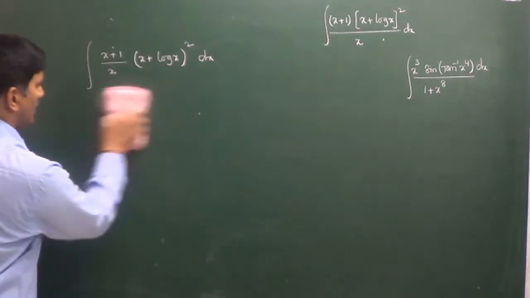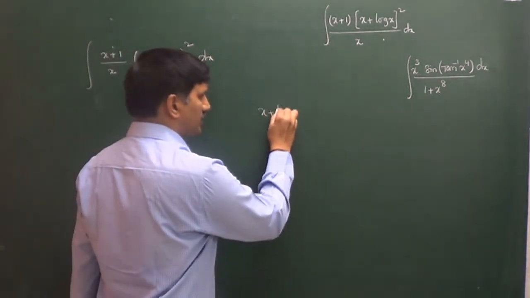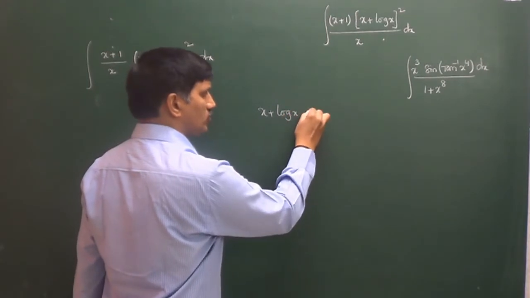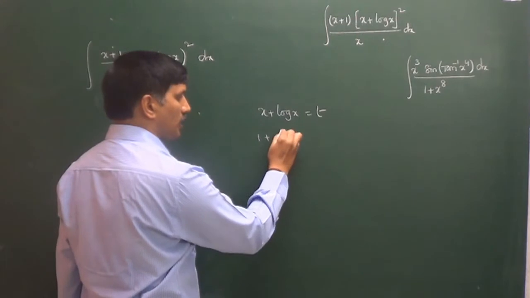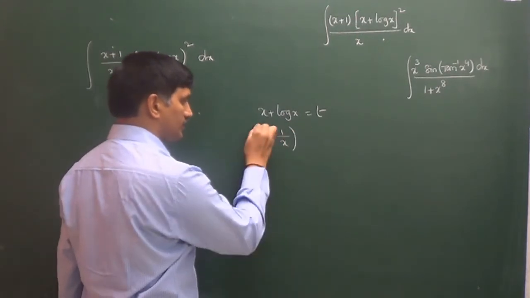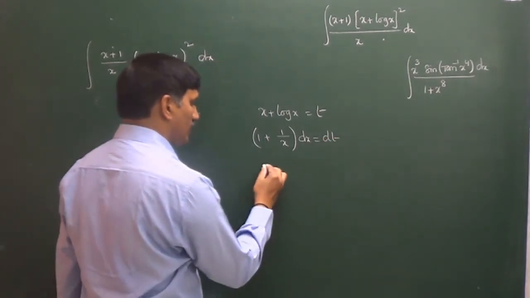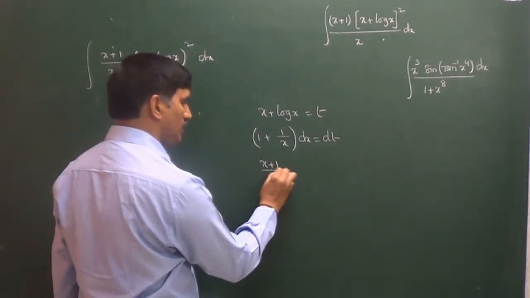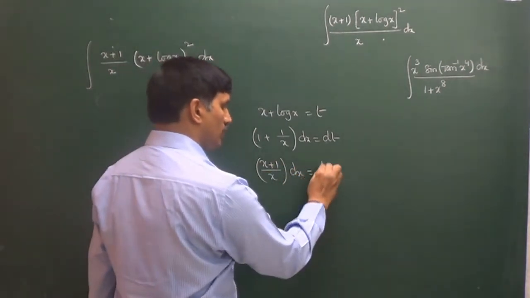Otherwise, if you are not getting an idea, with the same procedure, we have to take x plus log x equals t. X differentiation is 1, log x differentiation is 1 by x, so dx equals dt. Therefore, we will get x plus 1 by x dx equals dt.